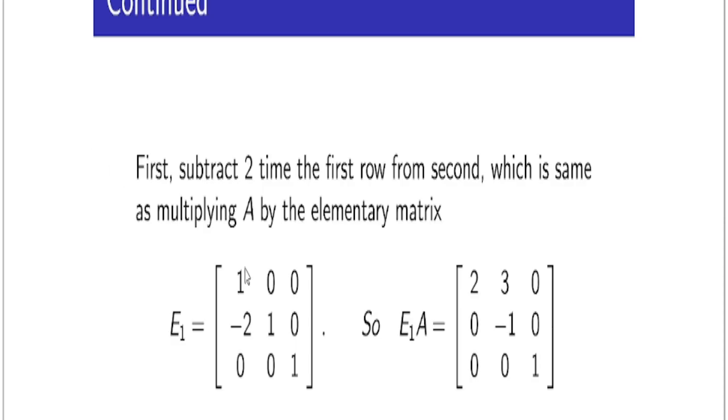First, subtract 2 times the first row from the second, which is the same as multiplying A by an elementary matrix.